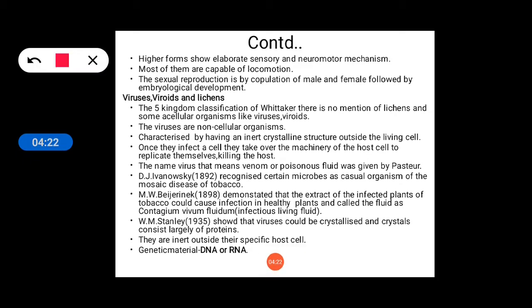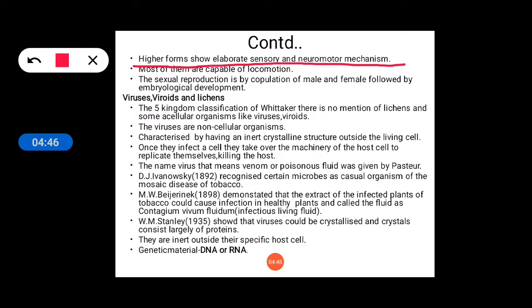Higher forms show elaborate sensory and neuromotor mechanisms. Higher forms means the animals which are placed in the kingdom Animalia. Let me explain this with an example.